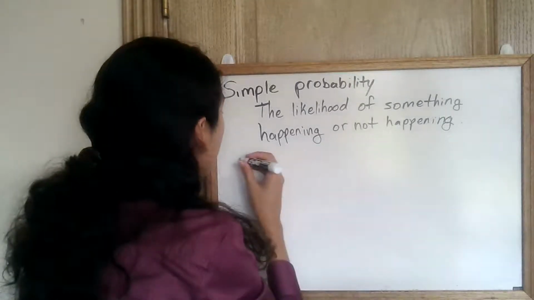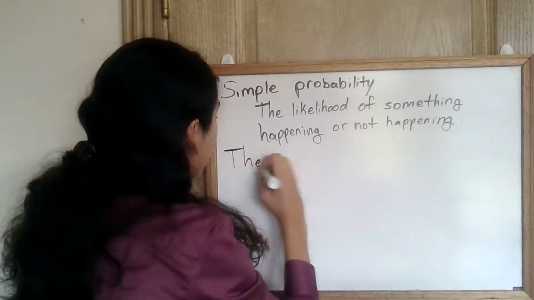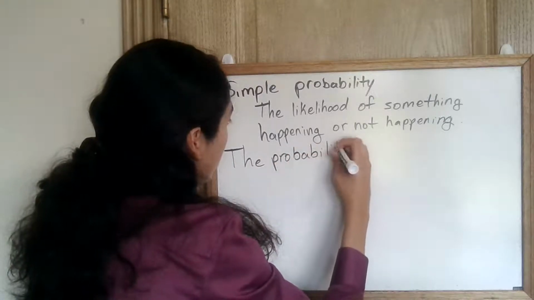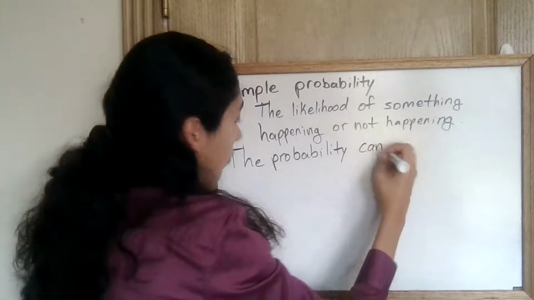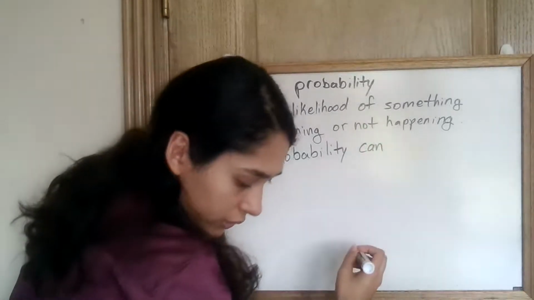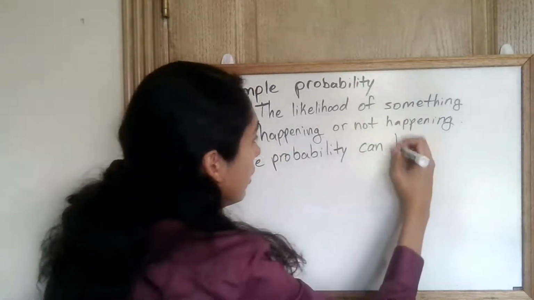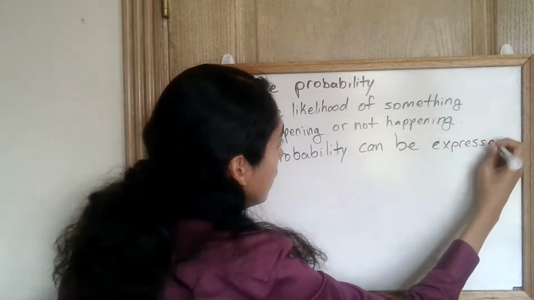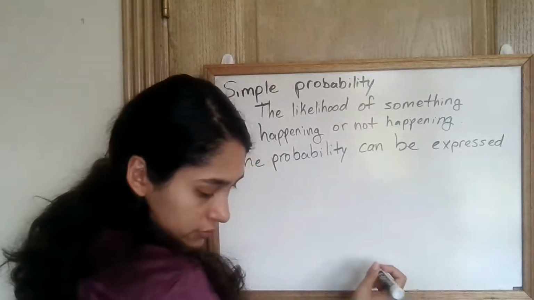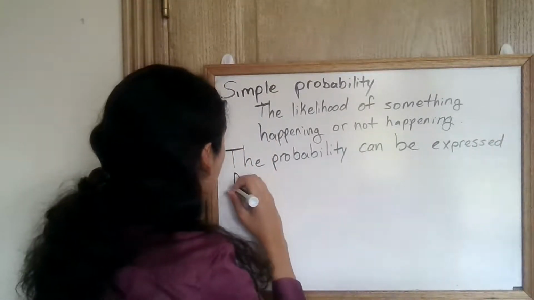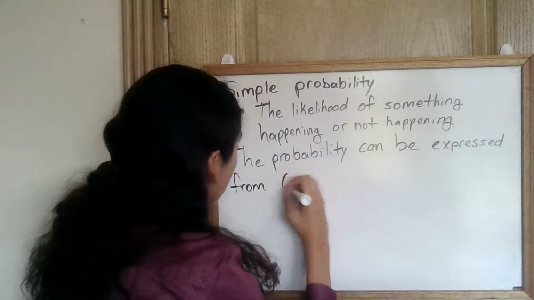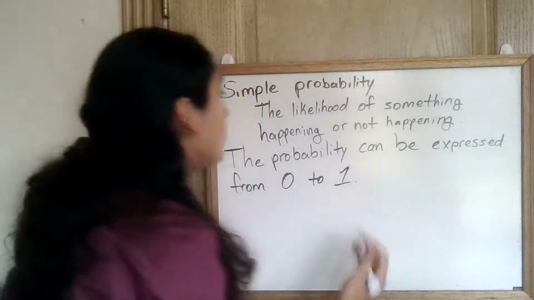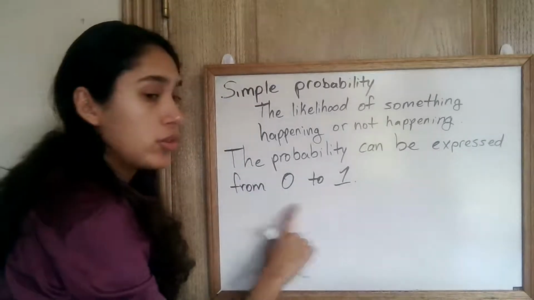So the probability can be expressed from 0 to 1. So when you're saying how probable something is, you can express it from 0 to 1.